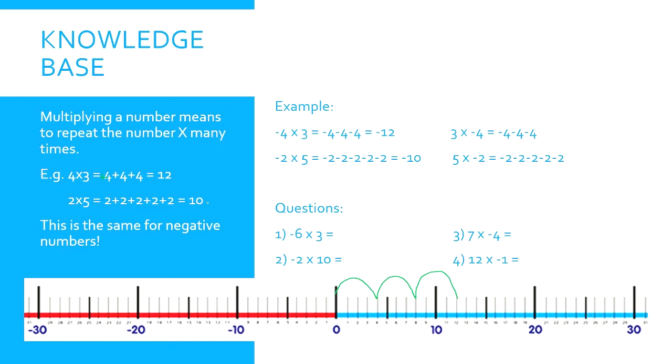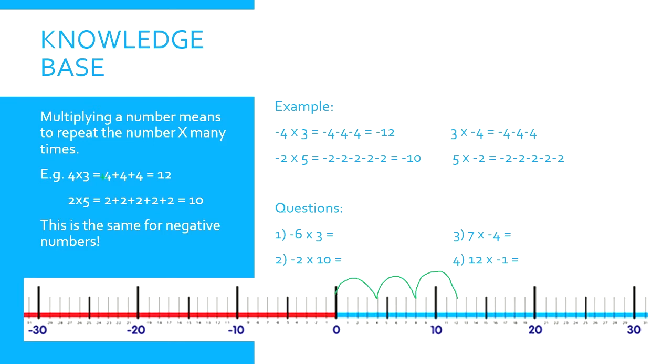The difference is that because this is a negative, we're decreasing the value of the number because we subtract every single time, as opposed to when we're multiplying, when we are adding the number to make it larger every single time. So as an example then, if I have negative 4 multiplied by 3, that is exactly the same as saying minus 4, minus 4, minus 4.